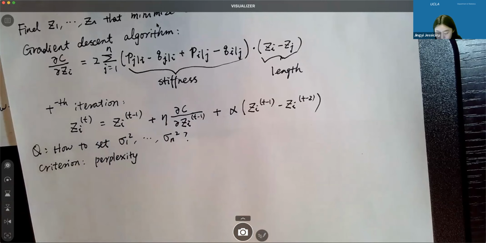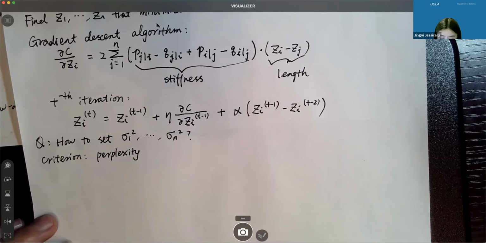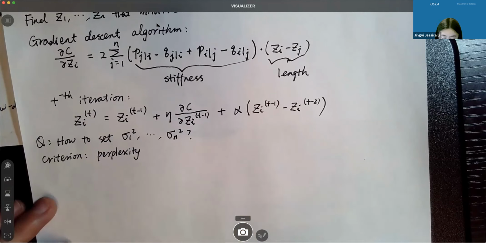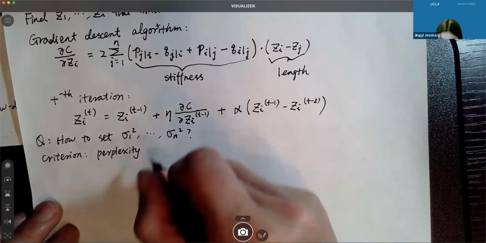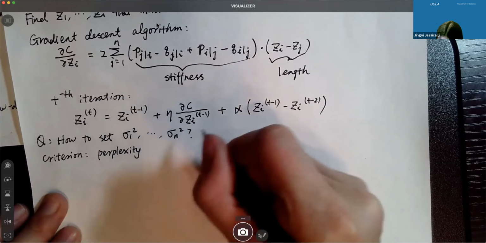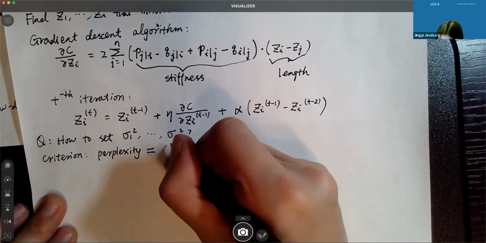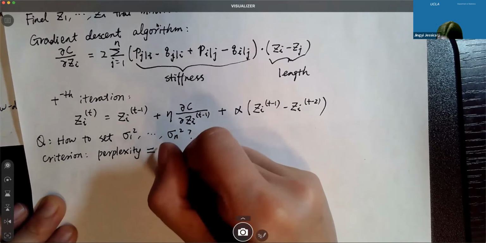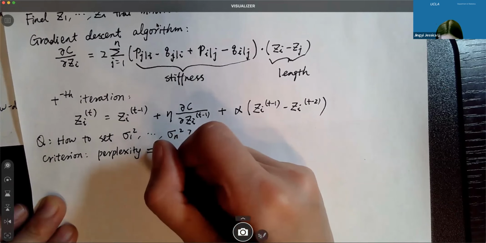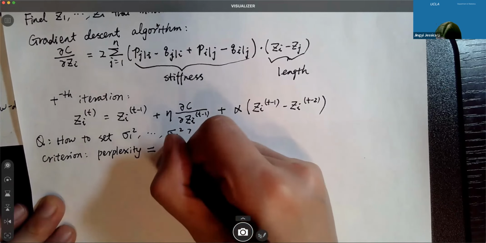Okay, the perplexity is defined also in terms of the entropy. So it's defined as, maybe just, yeah, give the notation.